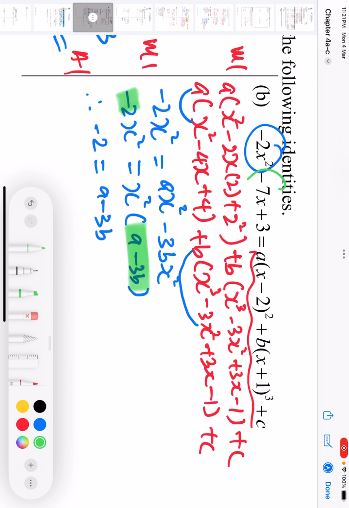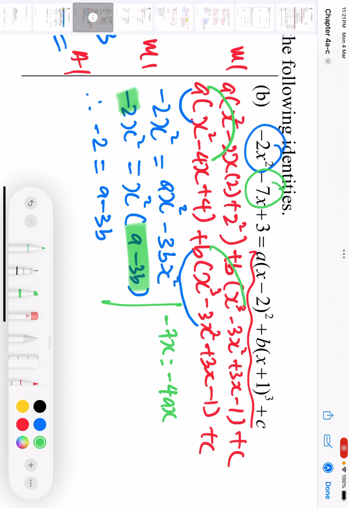Now, how about negative 7? So negative 7x. Let's try to get this thing out. I know a times x squared doesn't give me x, but a times negative 4x gives me the x. So it's negative 4ax.